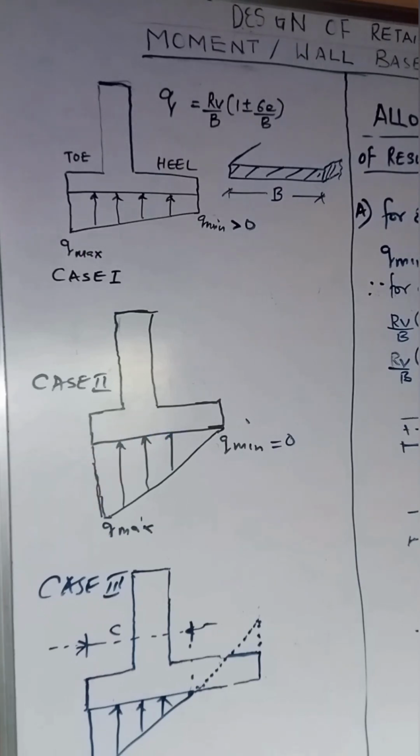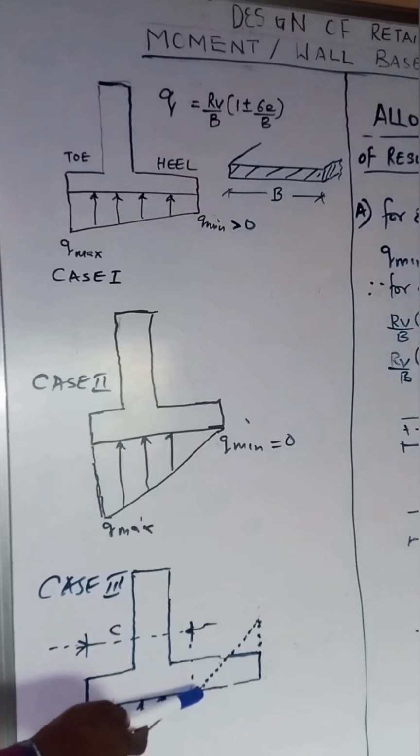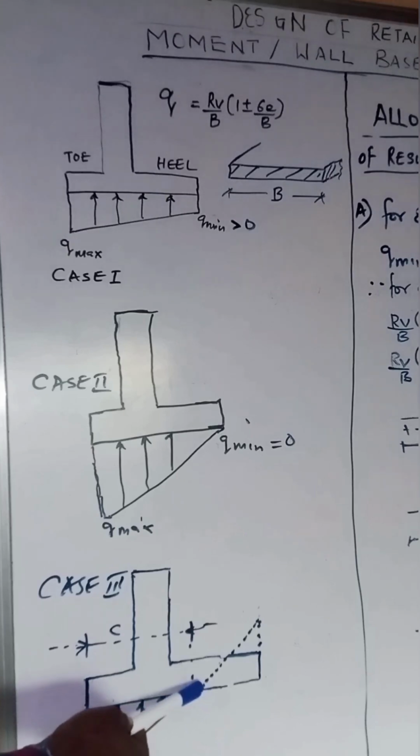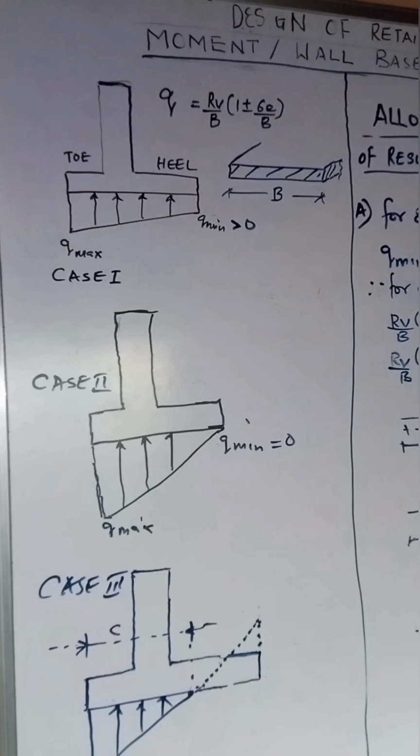The last we can also encounter is a situation whereby part of the base is subjected to pressure, while the other part is left empty, like we've seen in this diagram in case 3. Our Q maximum remains the same, but within this boundary down to this point, we don't have any pressure.